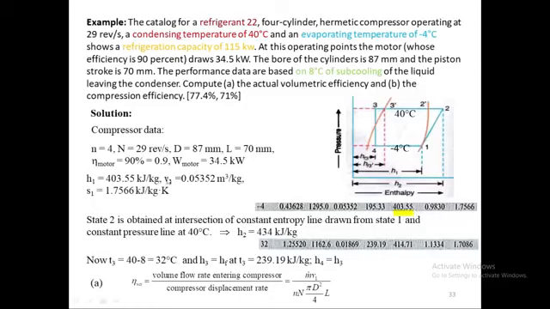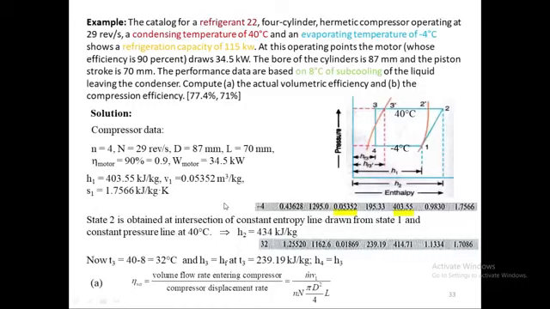I've written down that one. And the specific volume at the inlet of the compressor is V1, and V1 is 0.053 right here. So I wrote down these two values right here, meter cube per kilogram.